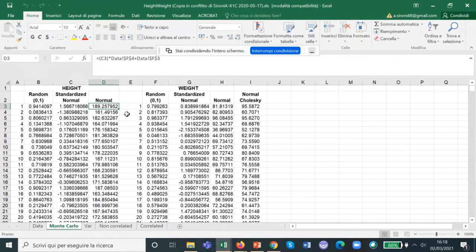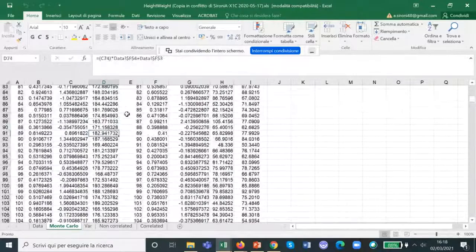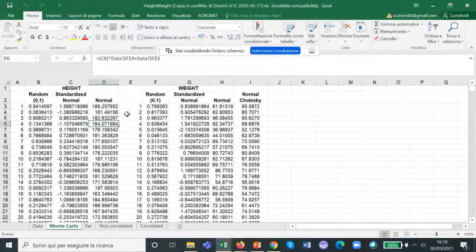As you can see, the simulated value is 189, okay? The following one is 161, then 182, 164. These are 1,000 simulated values of height, okay? Now, the same can be done for weight.